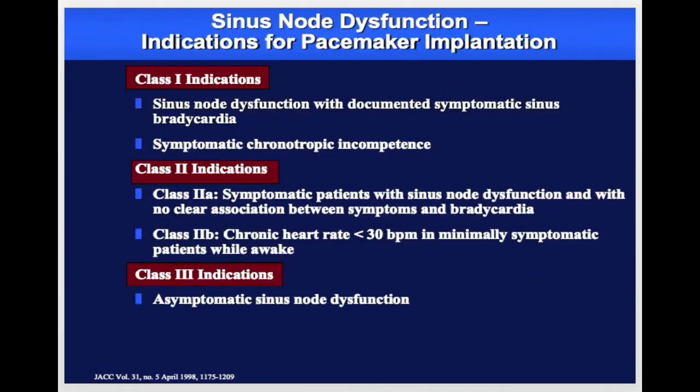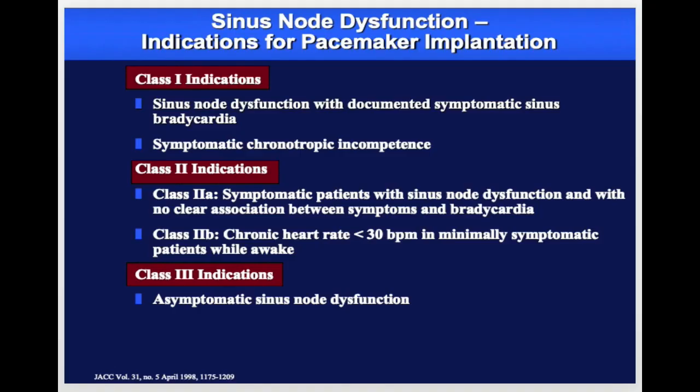Based on the available guidelines, sinus node dysfunction patients will receive a pacemaker in the following circumstances. The Class 1 indications for sinus node dysfunction are symptomatic sinus bradycardia and symptomatic chronotropic incompetence.